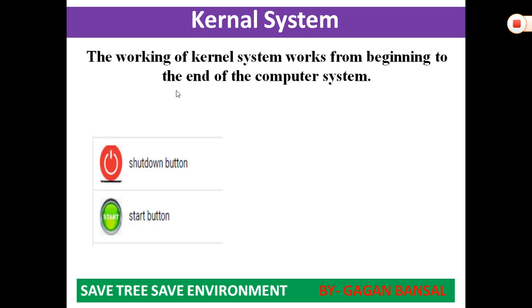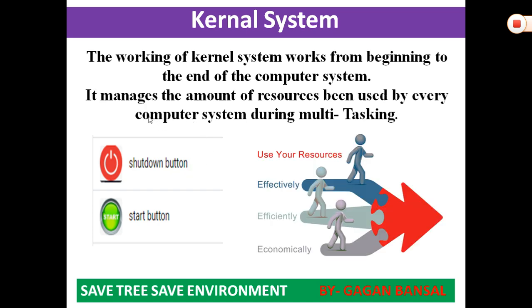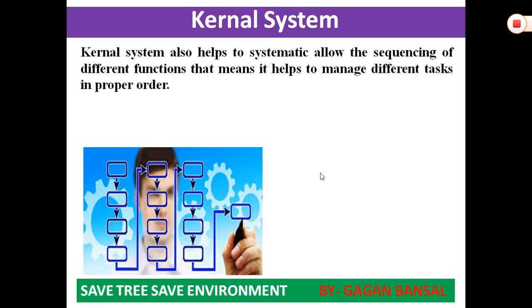The working of the kernel system runs from the beginning to the end of the computer system. That means the working of the kernel starts with the start of the computer and it winds up at shutdown. It manages the amount of resources being used by every computer system during multitasking. That means the kernel makes the work efficient by managing the amount of resources being used during multitasking.